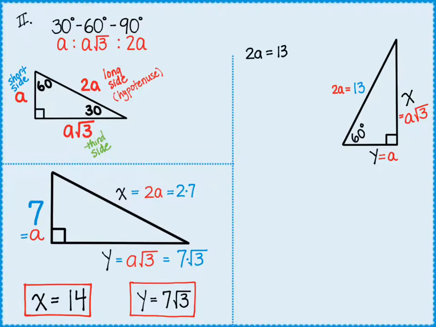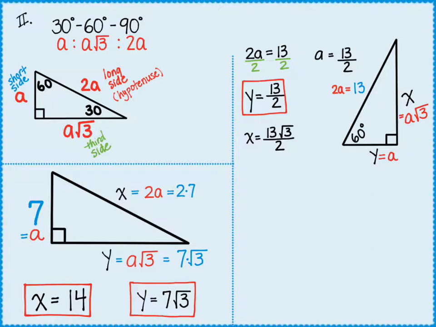So the first step is to solve for A. Since I know twice A equals 13, I can divide by 2 and get that A is 13 over 2. That's the answer for y: y equals 13 halves. For x, we take that A we just solved for, 13 halves, and multiply by root 3, so we write 13 root 3 over 2, and that is our x.